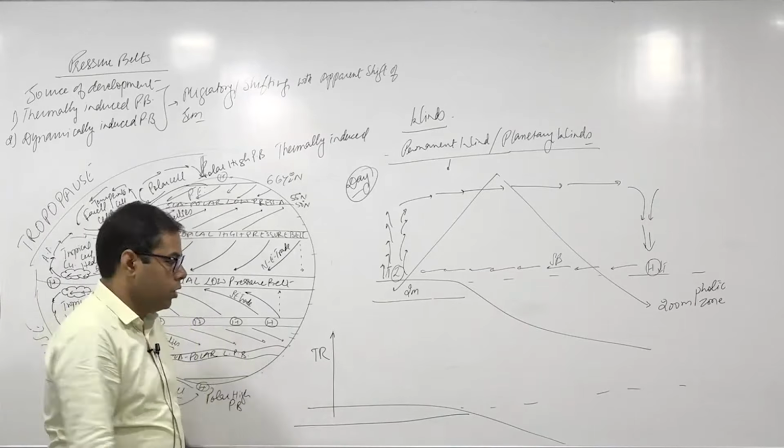But here, only if the atmosphere is stable will there be stability and will the air mass develop. Clear? So this air mass will develop over the surface.